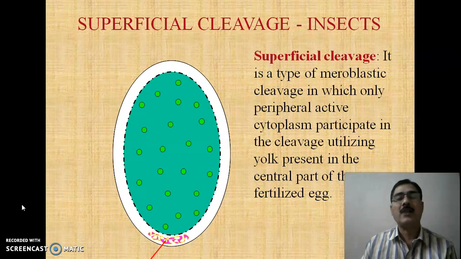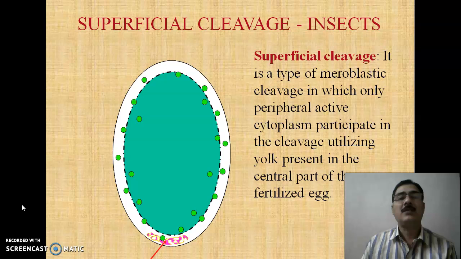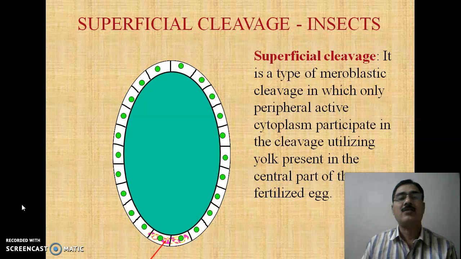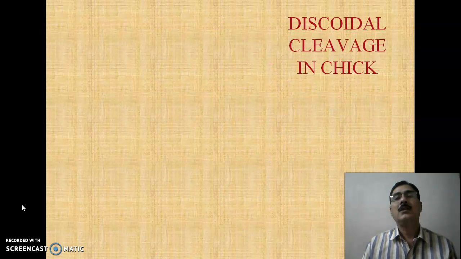And after the karyokinesis, these nuclei start migrating towards the periphery, and after their migration towards the periphery, the cytokinesis takes place, as a result of which you can easily observe the presence of pole plasm, and the center part of the egg is occupied by the yolk.